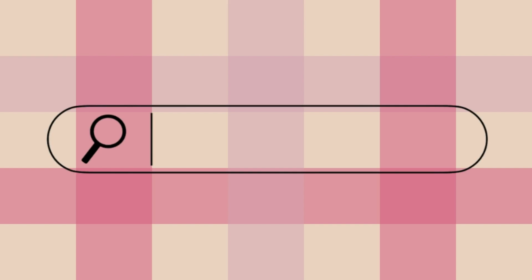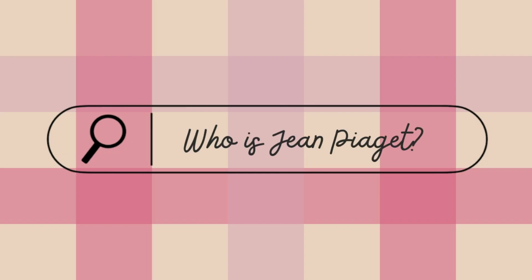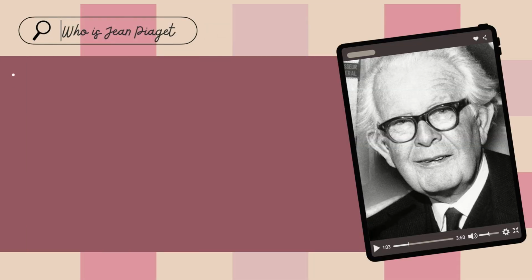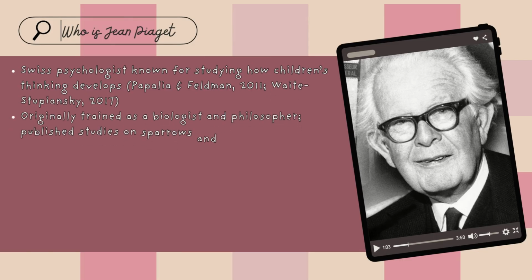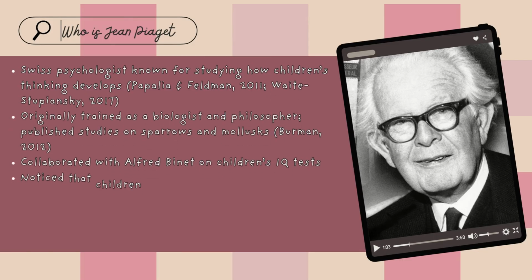Now, before we delve into his theory of cognitive development, let us take a quick look at who Jean Piaget was and why his work is important in understanding how children think. So Jean Piaget was born in 1896 and was a Swiss psychologist known for studying how children's thinking develops.